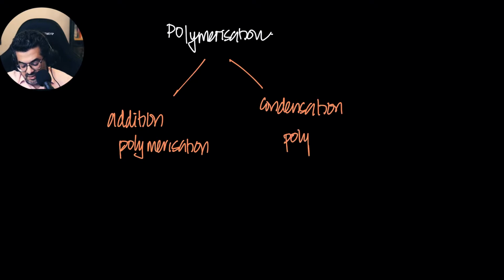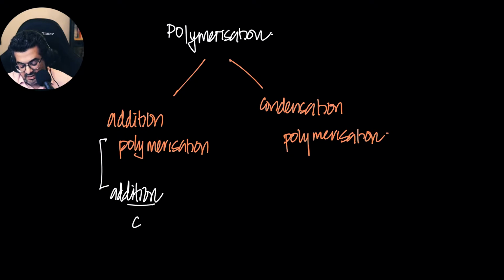Now, the names are because of the type of reaction that takes place. To make polymers using addition polymerization, you carry out addition reactions. Now, if you remember, addition reactions were with carbon-carbon double bonds.